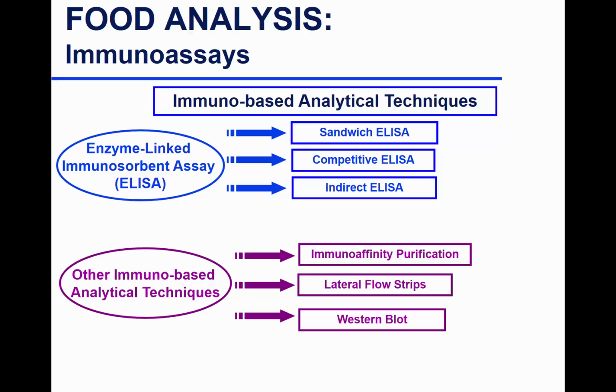Western blot is another one. It's a qualitative assay. Lateral flow is a field assay, so it's basically a strip test that you would use. We'll talk about that. And then immunoaffinity purifications, where you use affinity chromatography using the antibody and antigen principle to separate either antigens or purify specific immunoglobulins.